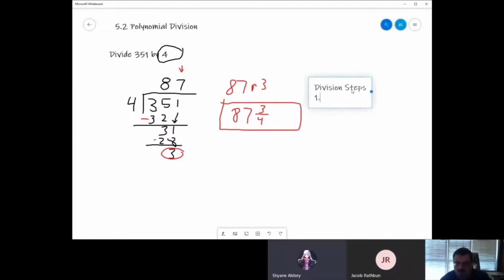Step 1, we're going to divide. 2, multiply. 3, subtract. 4, you can repeat as necessary.